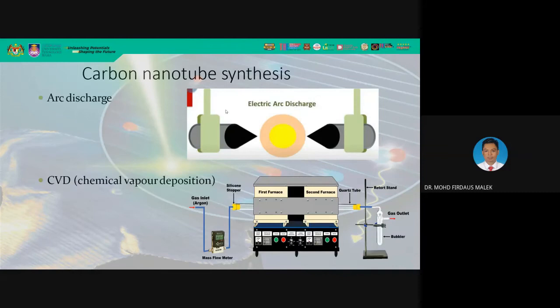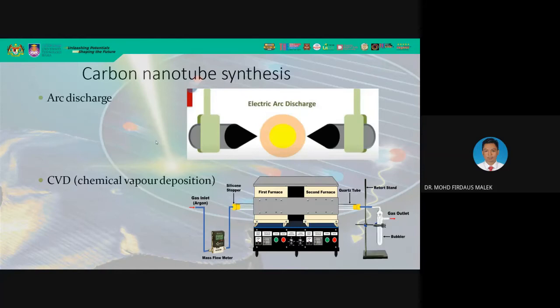Okay, here I want to share with you the synthesis methods to produce carbon nanotubes. The first one is carbon arc discharge, which is usually used to synthesize C60 fullerenes and also for the production of carbon nanotubes.